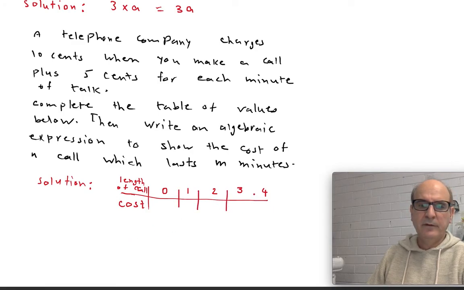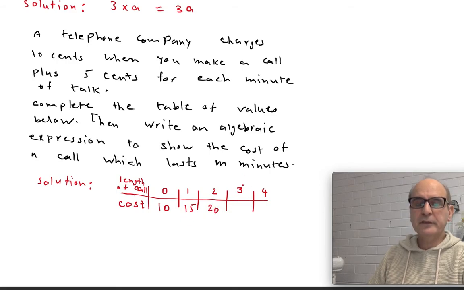Now, if you just start the call but don't talk, you're going to pay 10 cents. If you talk for 1 minute, you're going to pay that 10 cents and 5 cents for every minute. So then you're going to pay 10 plus 5, 15 cents. If you talk for 2 minutes, you're going to pay this 10 cents anyhow, plus 2 lots of 5 cents. So that's 10 plus another 10 makes 20 cents.